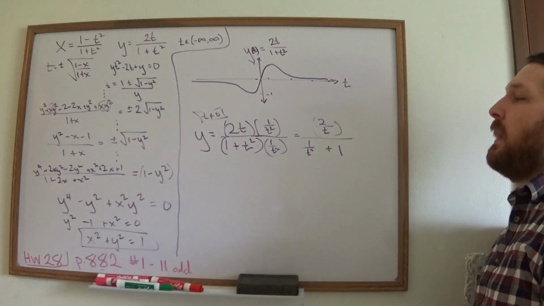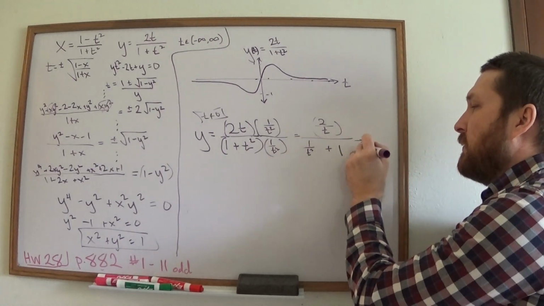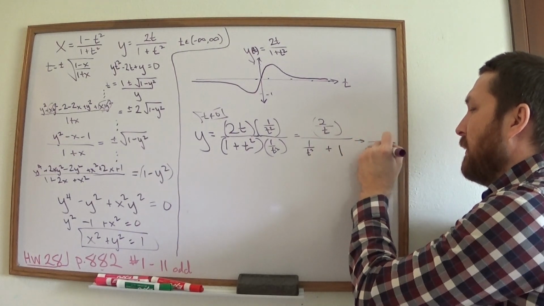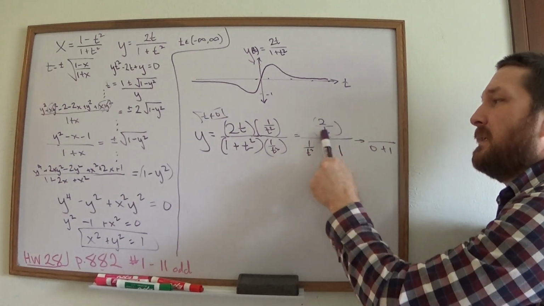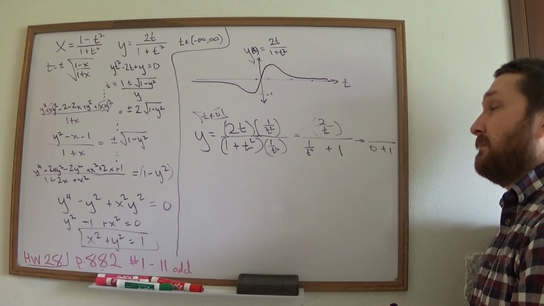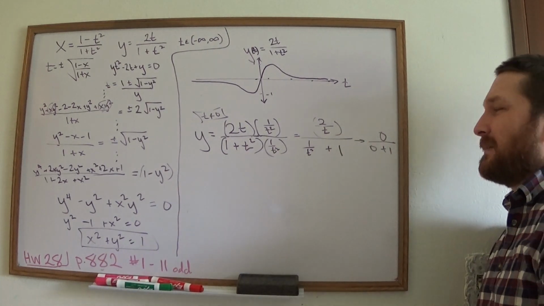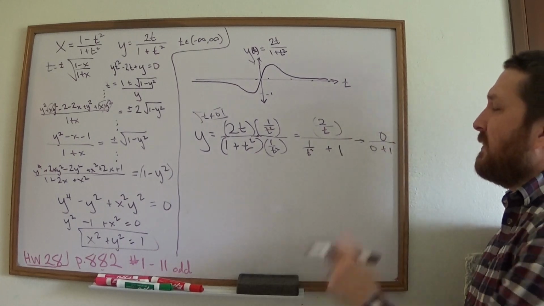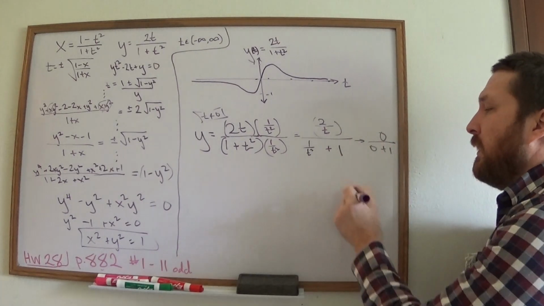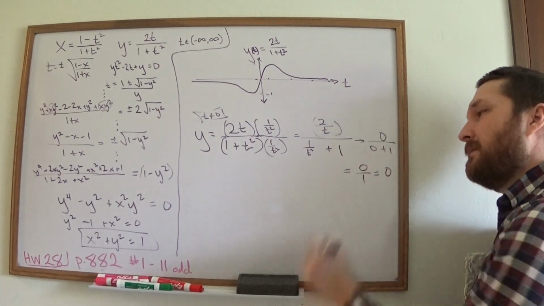But now what happens? Well, that's basically 0. This goes to basically 0. And what does that go to when t gets very, very big? 0. And that's kind of the cool thing about this. And so then that's the same thing as 0 over 1, which is 0.